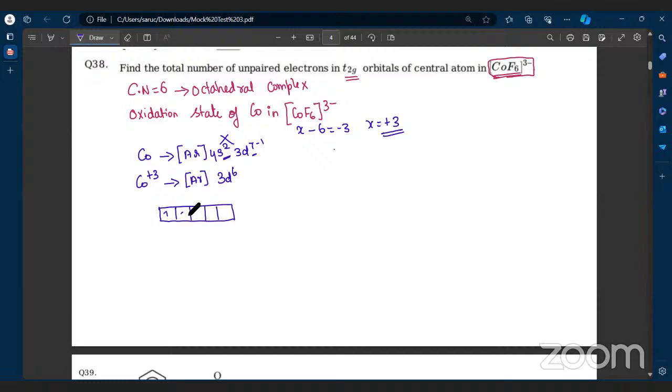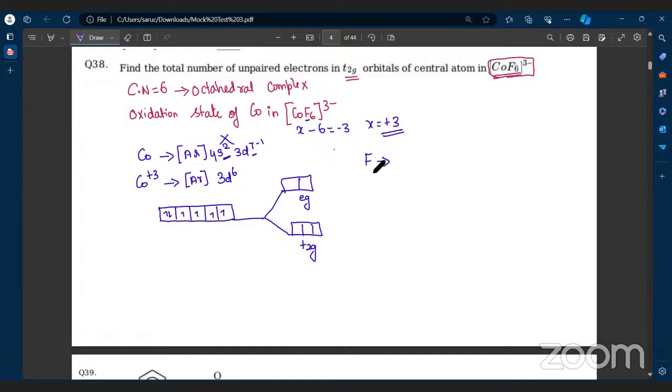So I have 6 electrons and it is split into T2g and eg. Now for filling the electrons in T2g and eg, you must know whether the ligand is a strong field ligand or a weak field ligand.